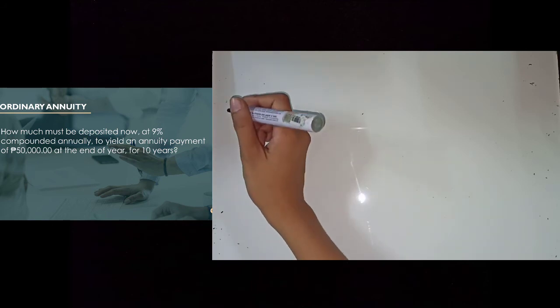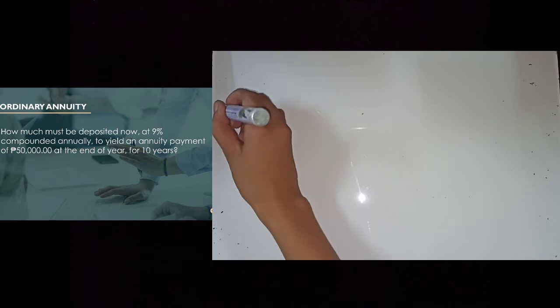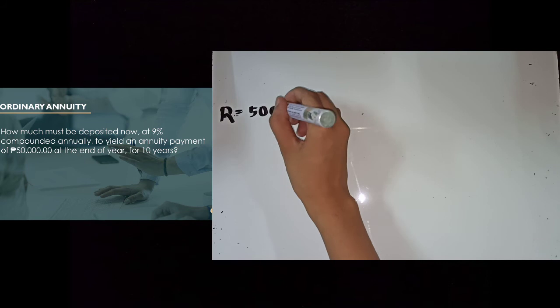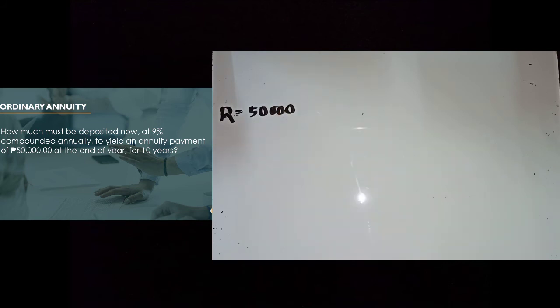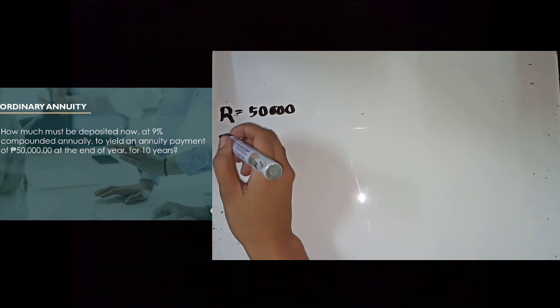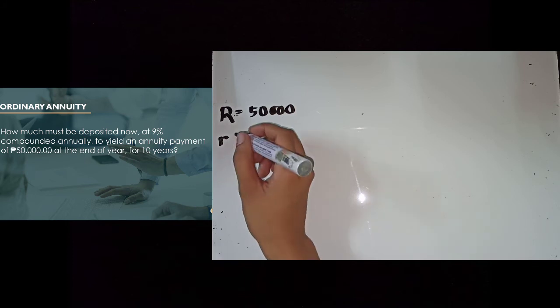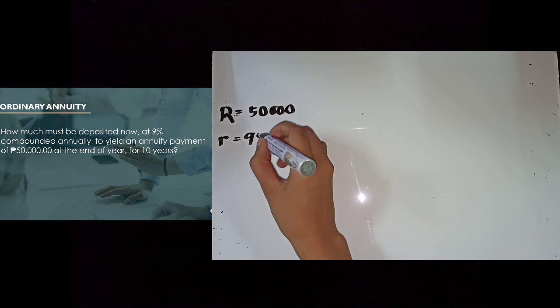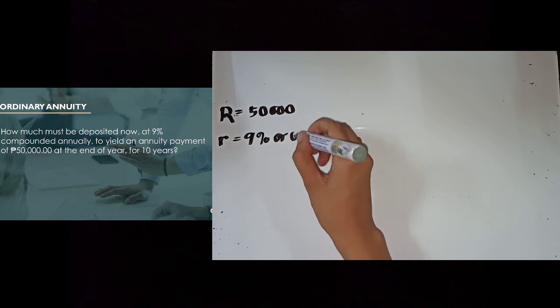Okay, so what are the given? We have this 50,000 pesos. Sabi dito, this is an annuity payment, so ito yung value ni R natin, 50,000. And next, 9%. This 9%, this is the small letter r, or the annual interest rate. So 9% or 0.09.